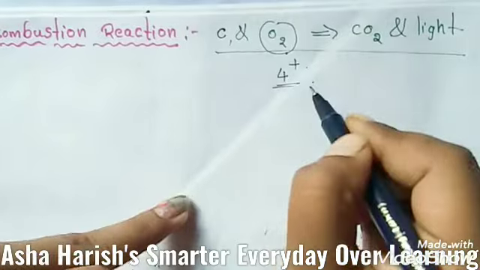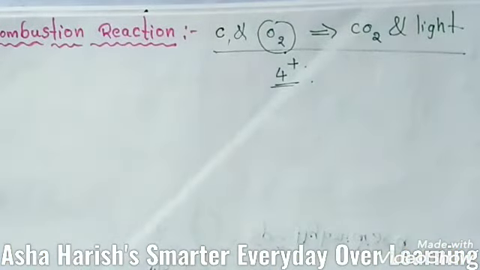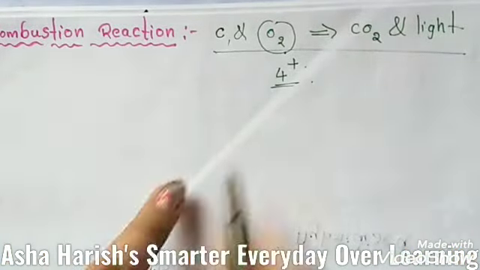The main definition of that: in the reactions, carbon reaches its maximum oxidation state of +4 in the product. For example, I'm going to write C plus O2, and the product is CO2 plus some energy, that's light energy. And suppose C2H6, the molecule.